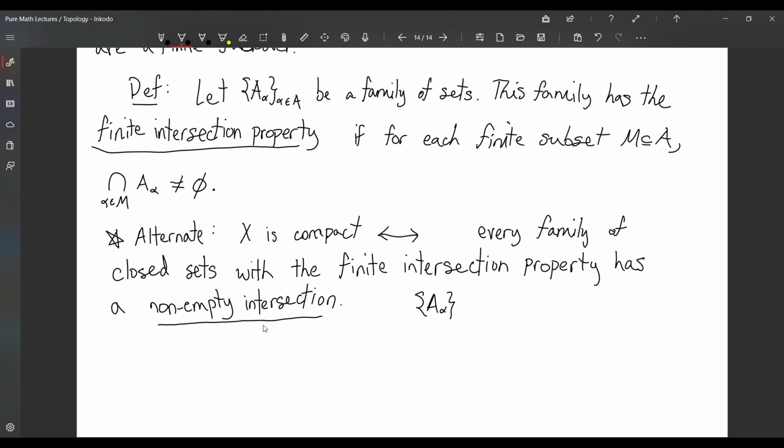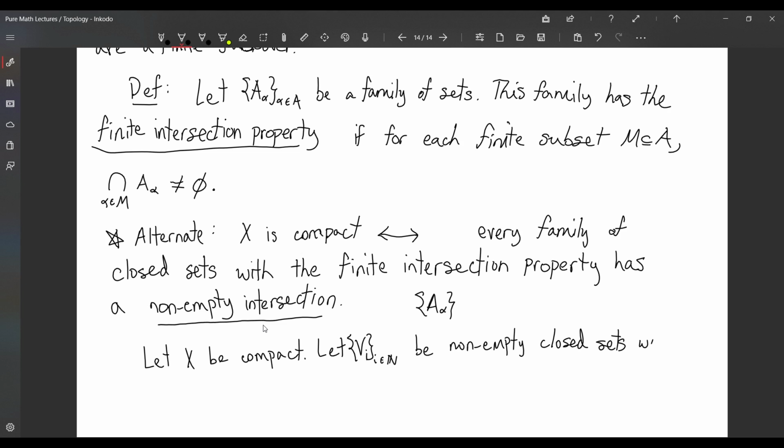We can also use this formulation to prove a closely related result. Let X be compact. Let V sub i, where i is in the natural numbers, be non-empty closed sets with V1 containing V2, which contains V3, and so on.